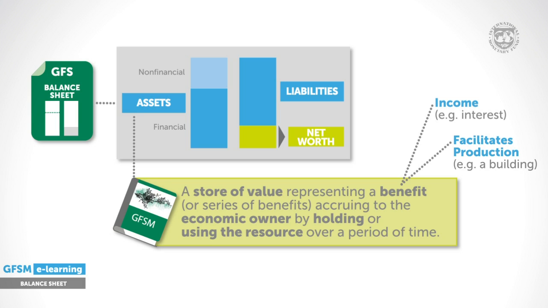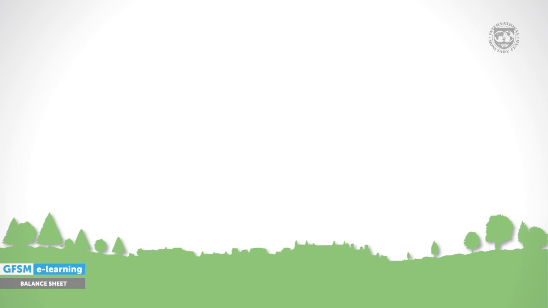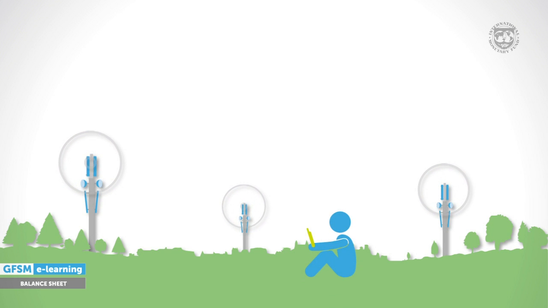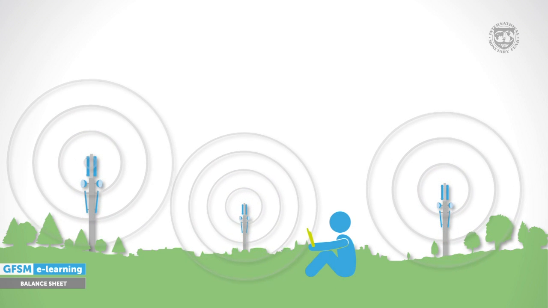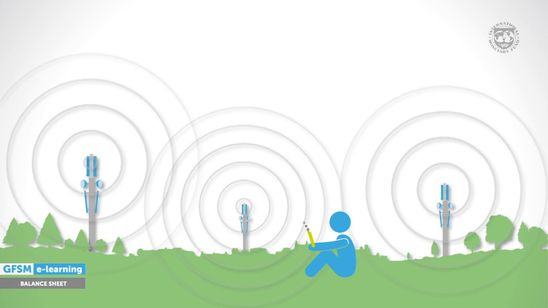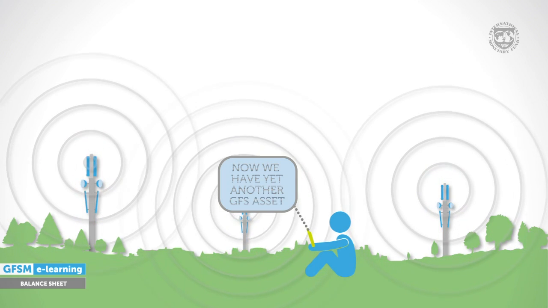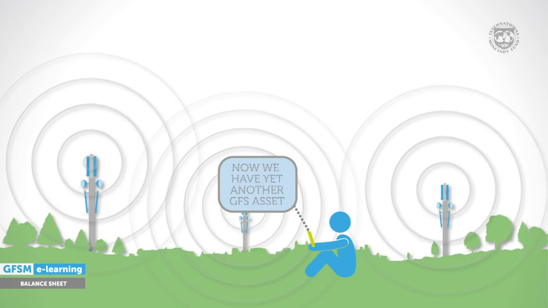This means a government starts owning an asset only when the benefits can actually be used. The electromagnetic spectrum, for instance, only becomes an economic asset once mobile communication licenses are issued and paid for by mobile phone corporations. Often, the economic benefit depends on technological or scientific factors. Something may become an asset which didn't qualify before.